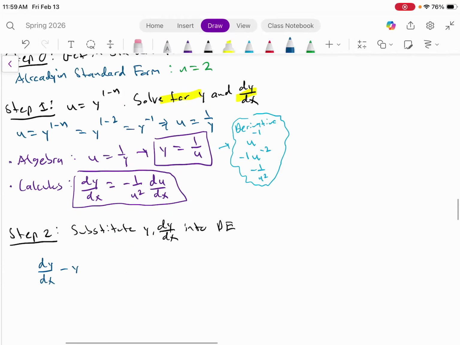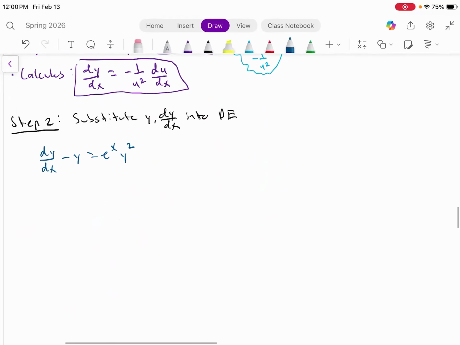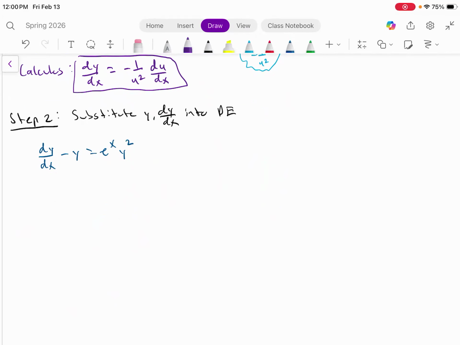Dy over dx minus y equals e to the x times y squared. And so we're going to substitute in now our terms. So this would be negative 1 over u squared du over dx minus y, which is just 1 over u, equals e to the x times y squared, so 1 over u squared.